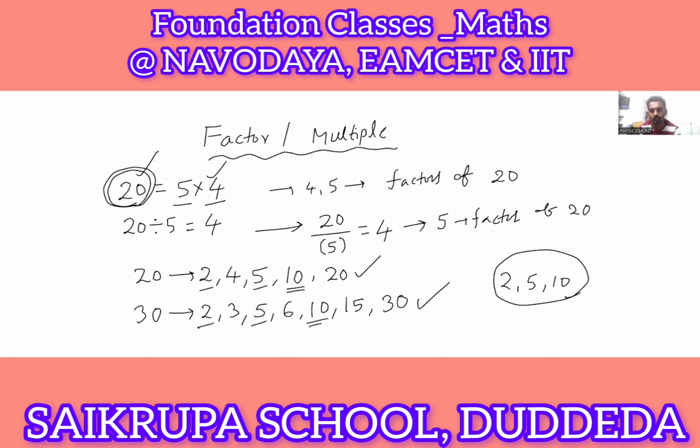Like that. A multiple is nothing but what you get when you multiply any two numbers. 7 into 5 is 35. Then 35 is a multiple of 5 and 7.